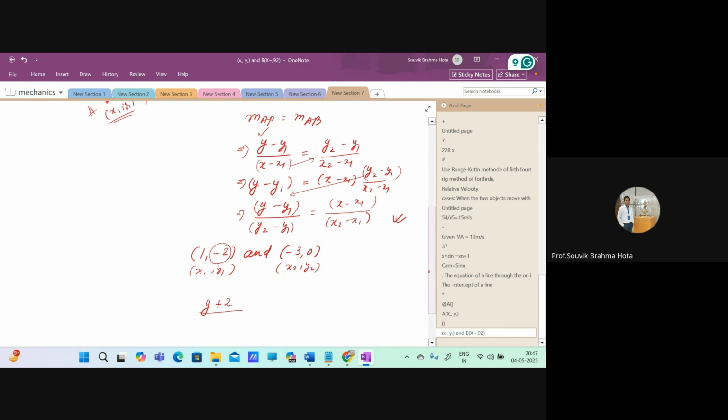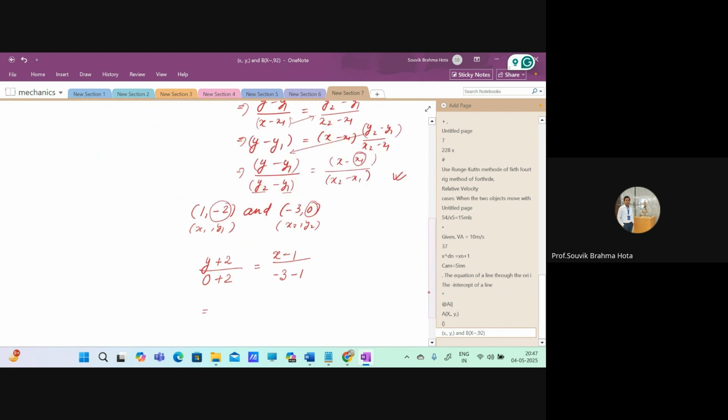And then y2 minus y1, y2 over here is 0, minus y1 again, minus minus plus 2, is equal to x minus x1, so x you keep like this. x1 is 1, so minus 1, and then x2 minus x1, x2 is minus 3 and x1 is 1, so minus 3 minus 1.